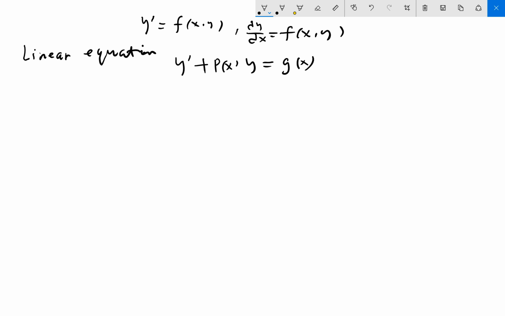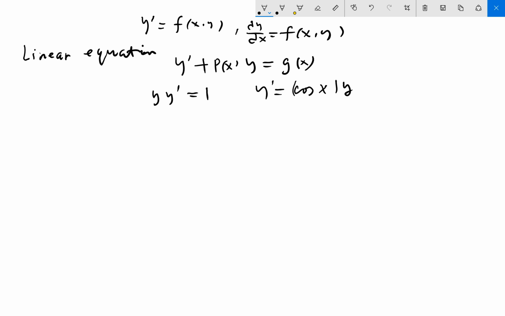Okay, for example, if you have something like y times y prime equals 1, then this equation is not linear because it cannot be written in the above form. Or another one, say y prime equals cosine x times y.